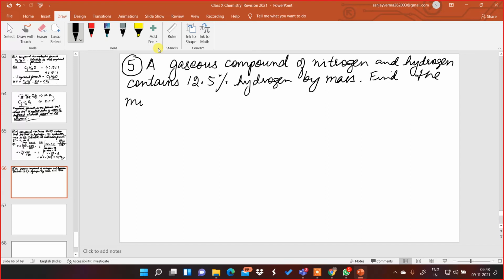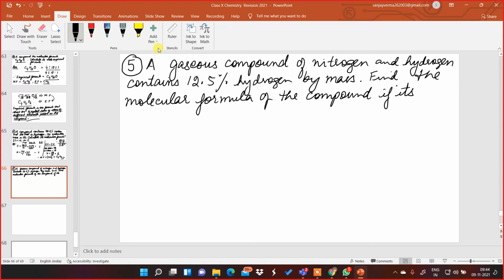Find the molecular formula of the compound if its relative molecular mass is 37, and the atomic mass is given. Nitrogen is 14, hydrogen is 1.